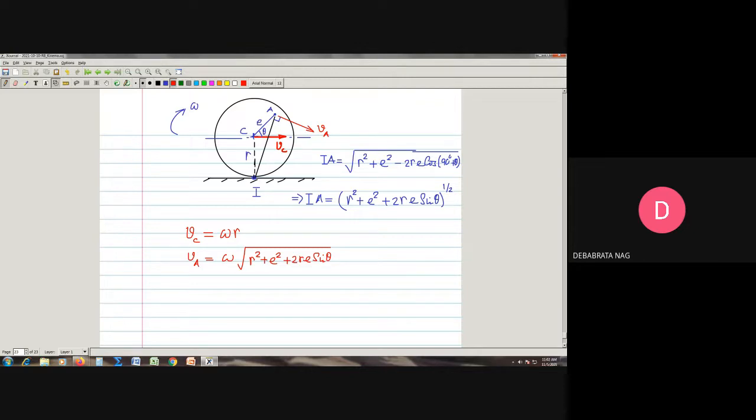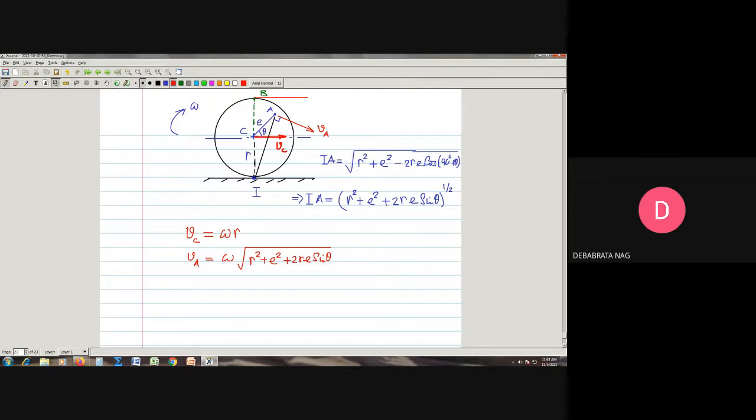We can also vary this E also. For example, if I am trying to find out from this formulation what would be the velocity of this topmost point on the disk, that means if I call this point B, what would be this velocity? It is pretty simple. By the instantaneous center method, the velocity will be along this direction.